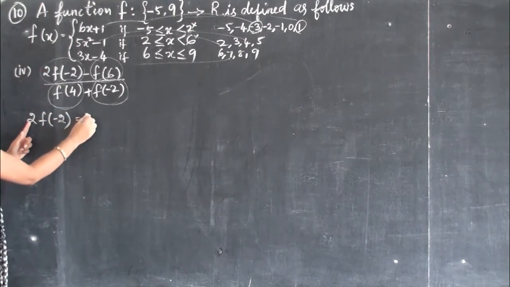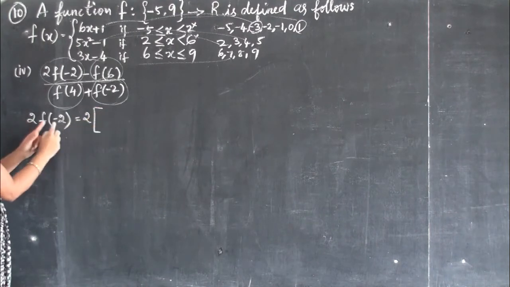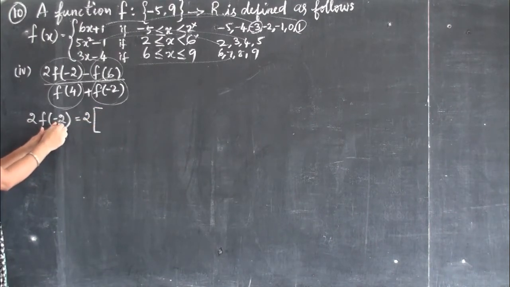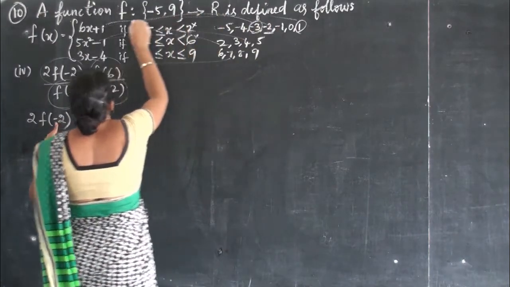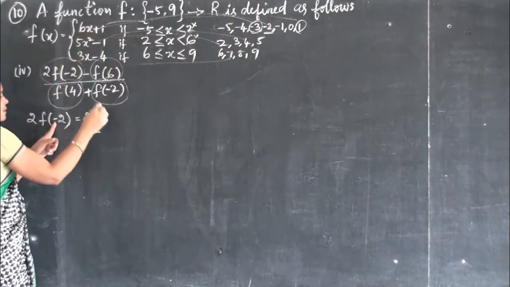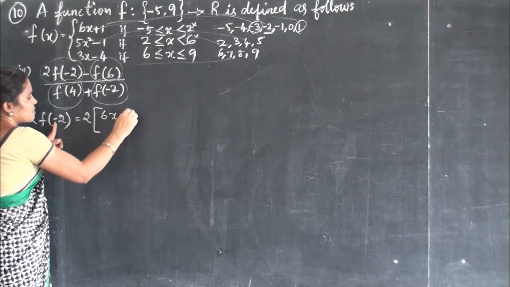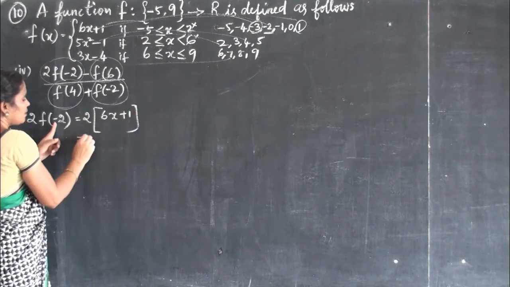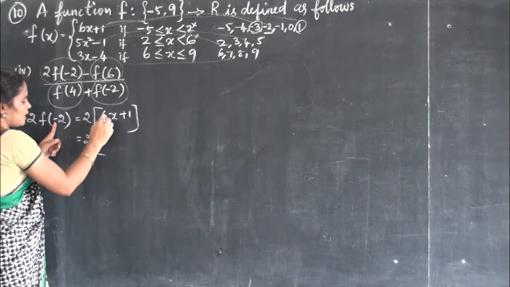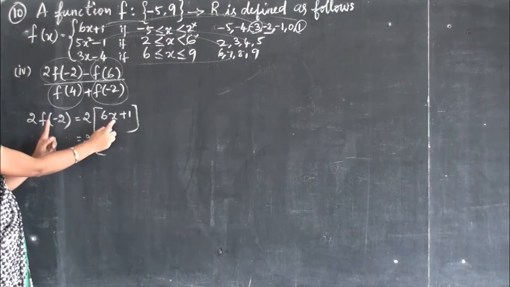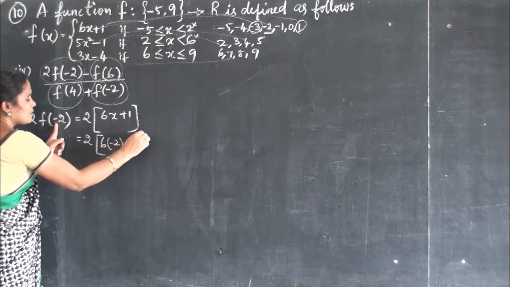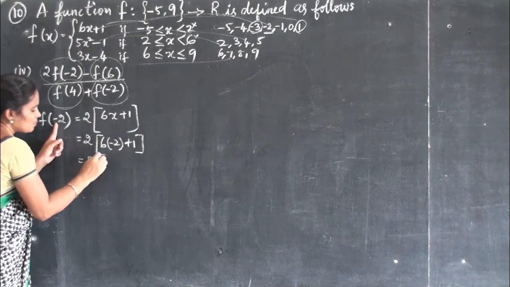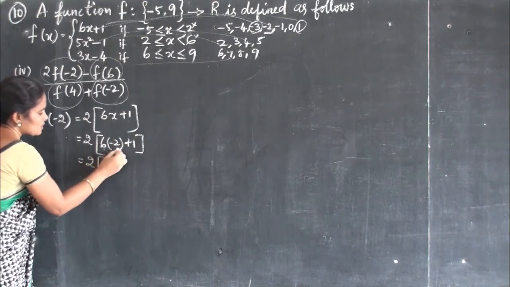Write this 2 and find the equation for minus 2. For minus 2, we have equation 6x plus 1. 6x plus 1. Write this 6. In the place of x, apply minus 2, plus 1. 6 2s are 12.